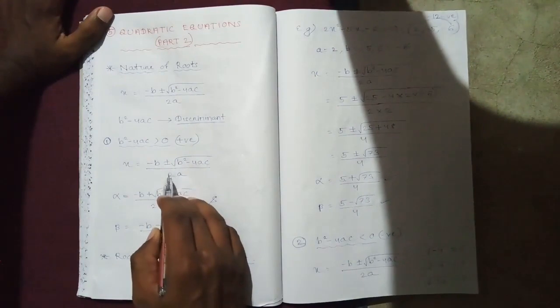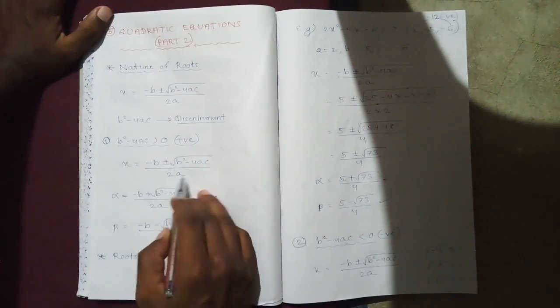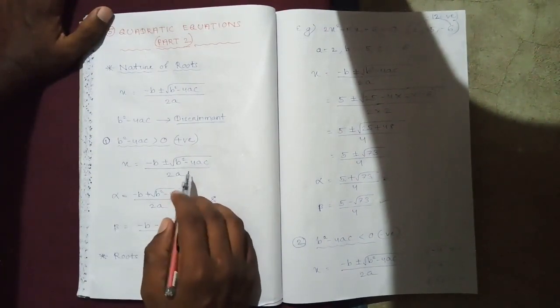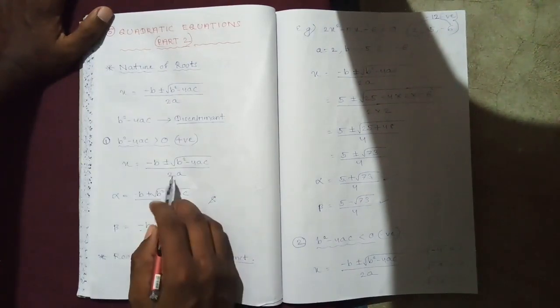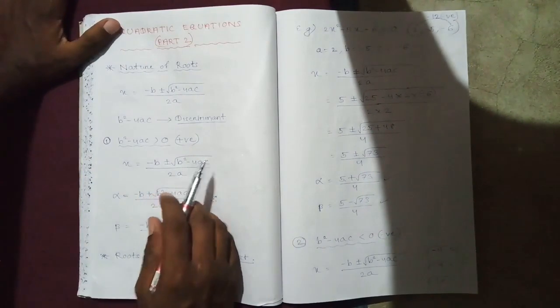As you know the formula, x is equal to minus b plus or minus square root of b square minus 4ac whole by 2a. If b square minus 4ac is positive, it may be a perfect square, it may not be a perfect square, doesn't matter, but its square root can be evaluated. That means we will definitely get some value of square root of b square minus 4ac, means it exists.